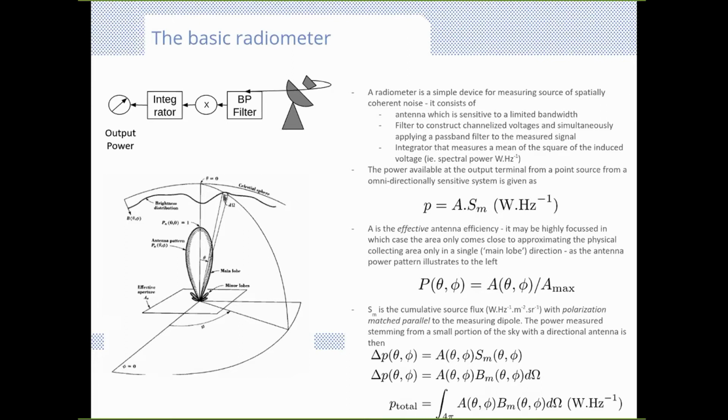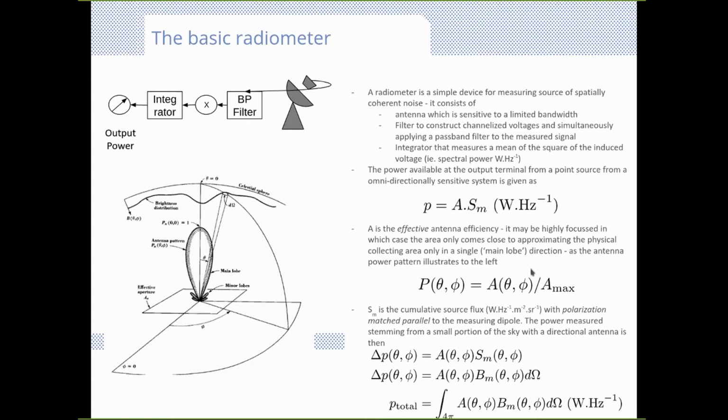Now, the source flux density comes from some small portion along the celestial sphere. So there's some brightness here, and it's inducing a voltage here, so some current on this aperture. We indicate the antenna response here by this lobe-like structure, which, if you have an antenna that is direction dependent, depends on some arbitrary spherical angles here, so theta and phi.